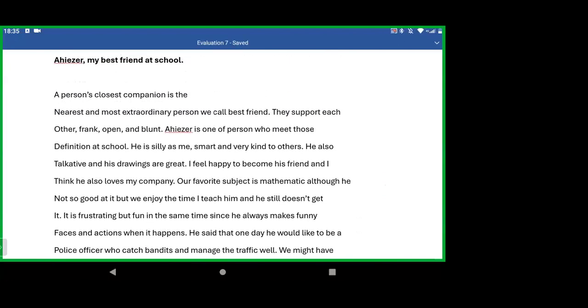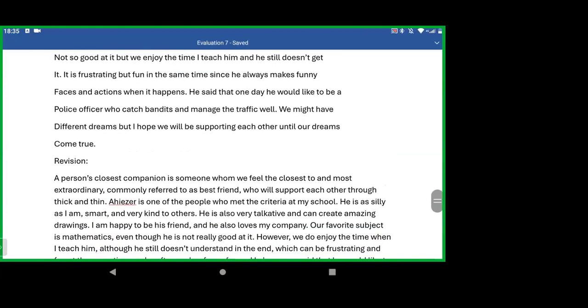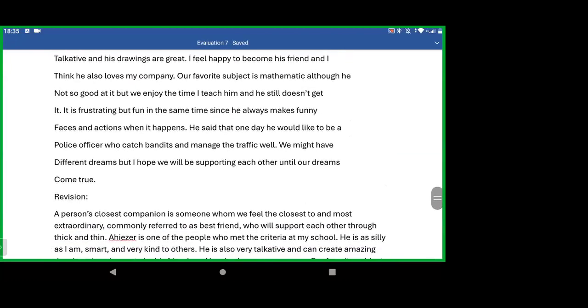So why did I change it? I understand that the phrase a person's closest companion, and then this one right here, someone whom we feel the closest to. It doesn't make sense. I've said closest, and why did I say closest again?